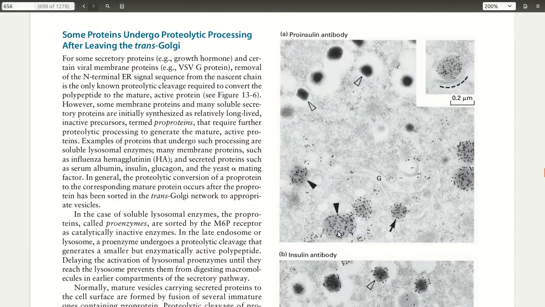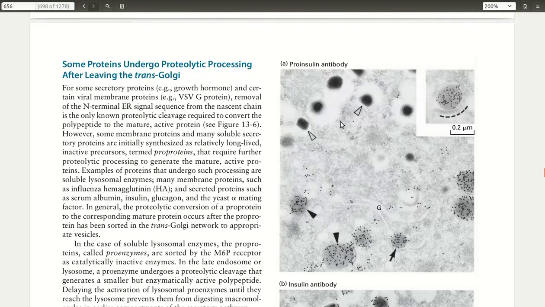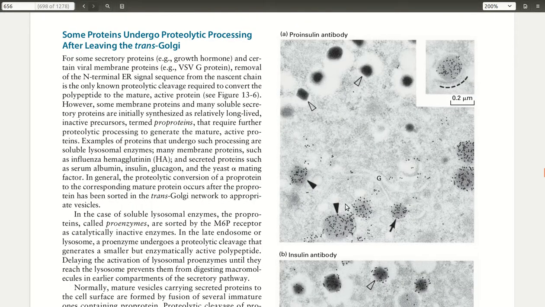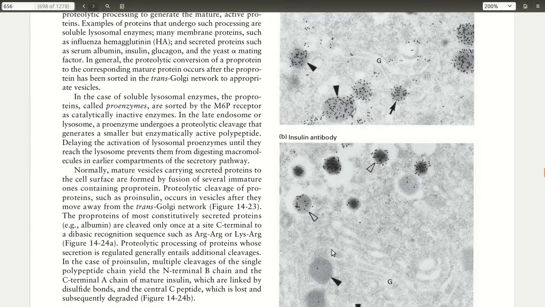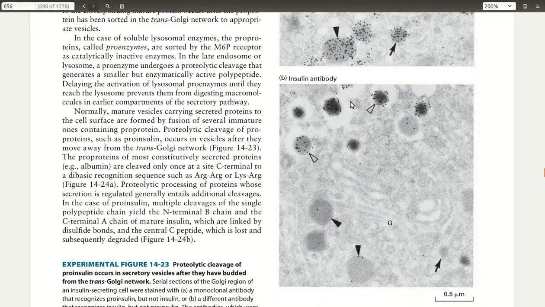And so this basically proves that proinsulin is released from the trans Golgi network, and they are modified inside their secretory vesicles to produce insulin.